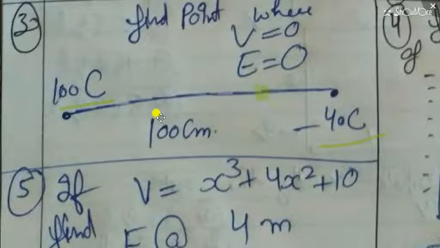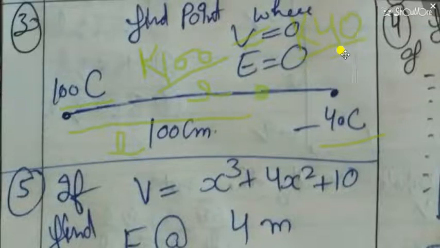So can I write it as k into 100 by L. Let's suppose this distance is L. This is the formula for potential, where I am writing 1 by 4 pi epsilon naught as k. Then k into 40 by 100 minus L. This potential is equal to this potential, because only in that case, when the negative potential is equal to the positive potential, will this become 0.